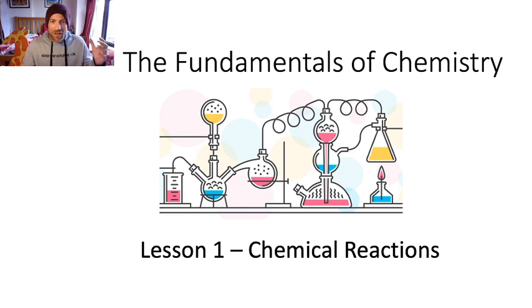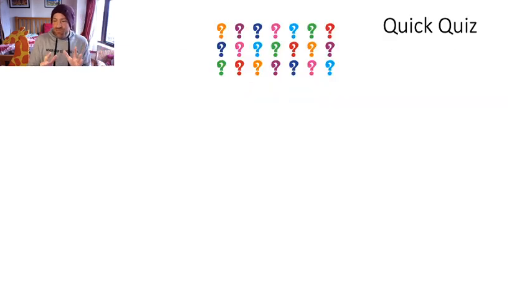Okay, so chemical reactions. Let's make a start. Anyone who I've taught before knows that every lesson I start with a quick quiz. So what I need you to do now is get a scrap of paper, or it can be written down on the side of your worksheet or anywhere, and jot down the answers to a quick quiz.